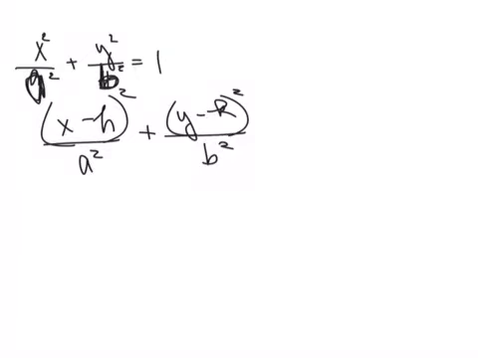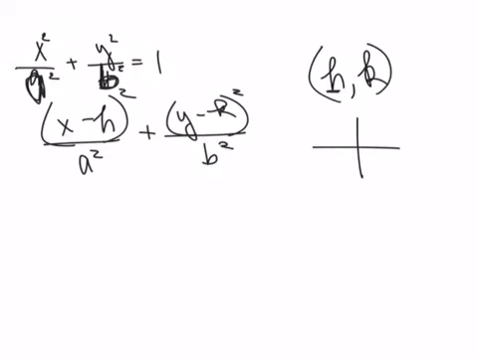Alright, so notice we've got an equation that's very similar to this one. This equation is the equation of an ellipse with the center point at 0, 0, at the origin, because h, k are two letters that you use to determine the center point of an ellipse on a graph.